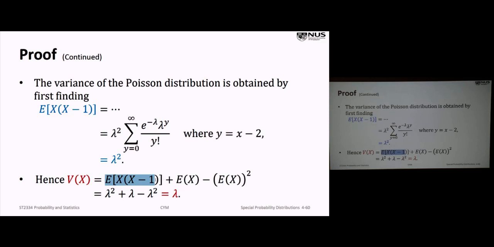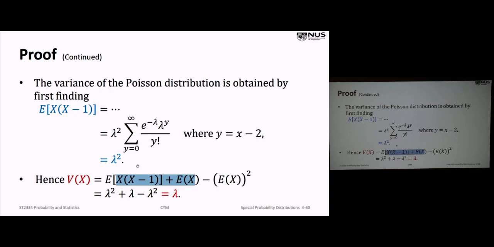If I add the expected value of x on, this term here is equal to the expected value of the random variable squared. So that means the variance of x is equal to this formula.